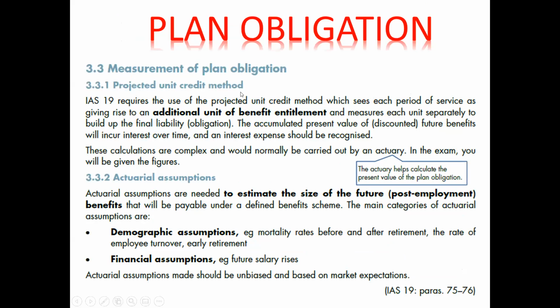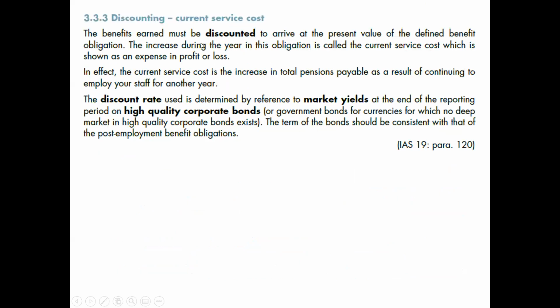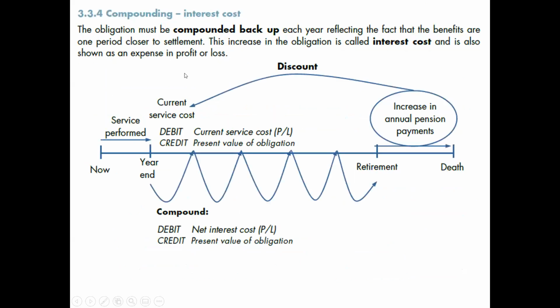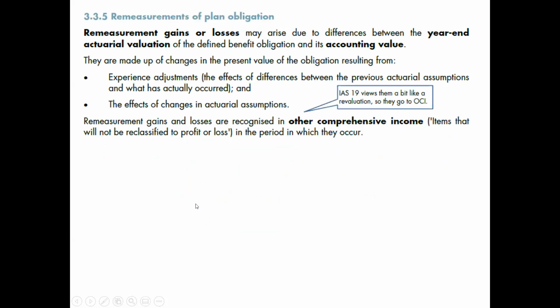We have a plan obligation where we need to see what we need to be able to pay, and we need to account for current service costs. The current service cost will increase, and we need to account for the increase as it continues at the interest rate. We need to account for the compounded part as well.